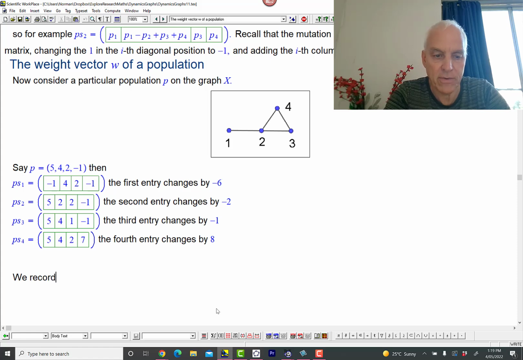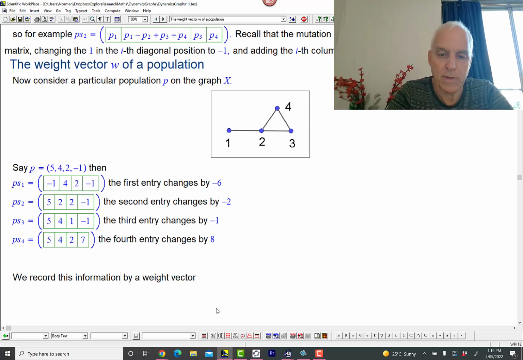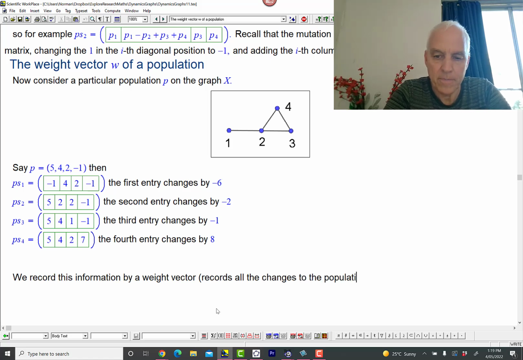Okay, so we record all this information by, well, we'll call it a weight vector. It records all the changes to the population P for all possible mutations.